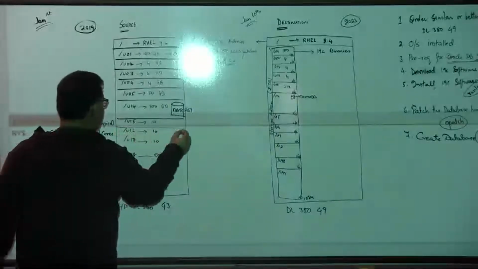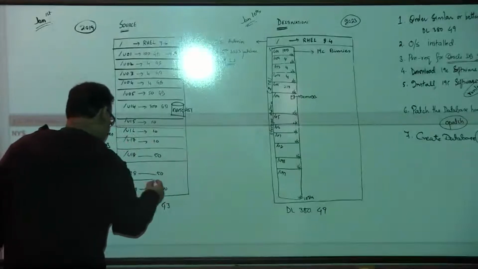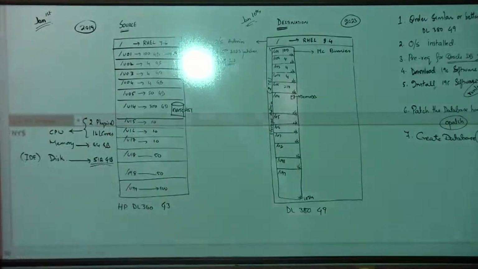Okay, and then we have the redo logs here, 3 redo log groups. We have export import, we have archive logs, and we have the backups.